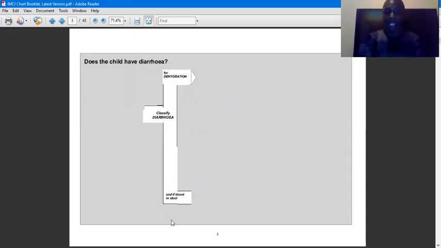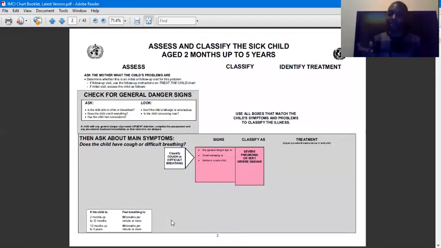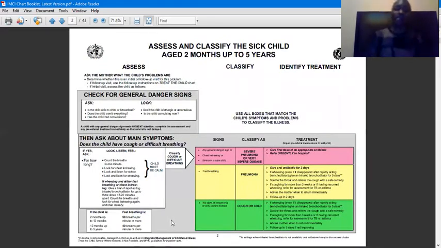When it comes to the General Nursing Council of Zambia, which has been changed to the Nursing and Midwifery Council of Zambia, if they are going to give you a question for IMCI, this question is going to have answers in it. So it will be up to you to know the IMCI booklet.